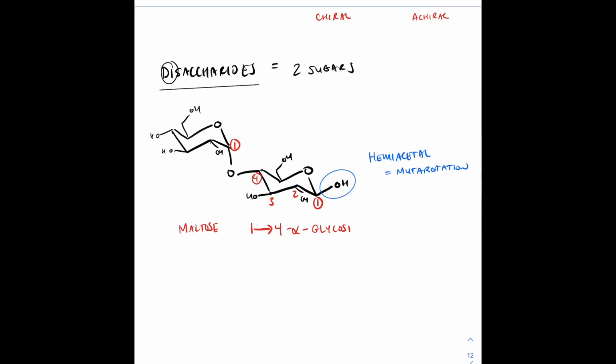So this is maltose, and it is two glucose molecules connected to one another via something called a 1,4 alpha glycosidic bond. It's called 1,4 because the one position of the above sugar is bound to the fourth carbon on the lower sugar, and it's a glycosidic bond because it forms a glycoside, which is basically an OR group sticking off of it, where R is the sugar.